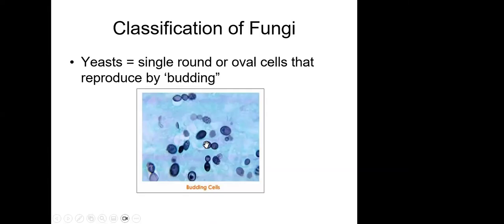This one is just about ready to pop apart. Given about another day, this would become two fungi, which are then going to continue to replicate like that. That replication is called budding.